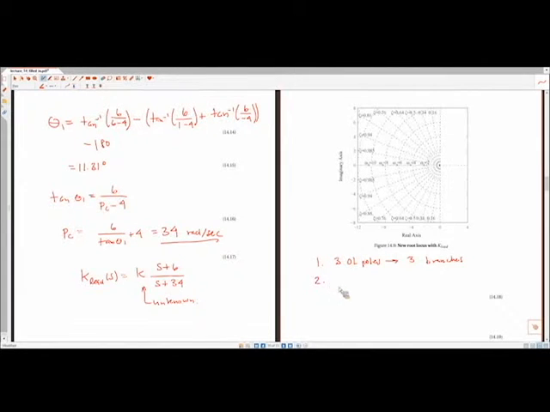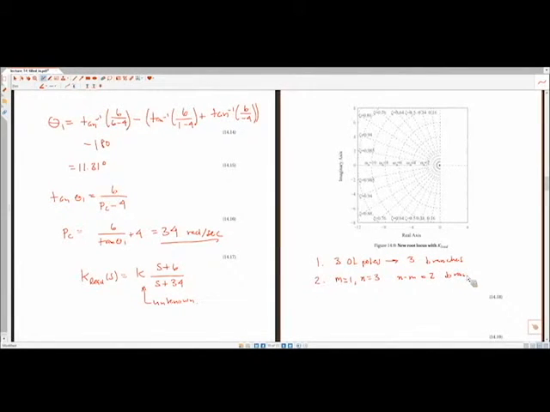Rule two, we have 1 zero. Keep in mind the plant had no zeros at all, but the fact that we added a zero in the lead controller means our combined dynamics has a zero in it. So m is equal to 1, n is equal to 3, and n minus m is equal to 2.